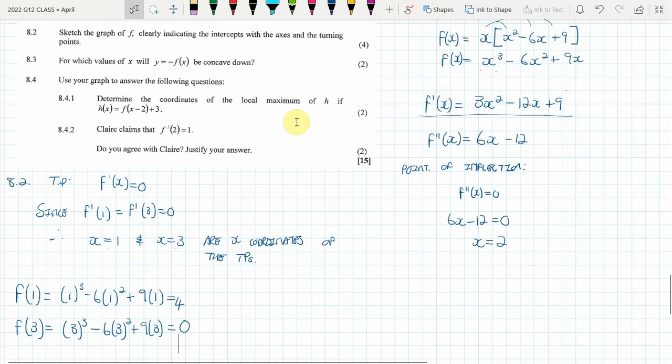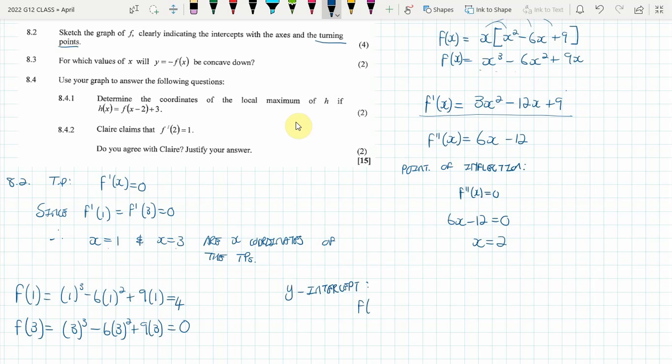So now we have the turning points. Now we need the intercepts. How can we get the y-intercept? The y-intercept is f at 0, when x equals 0.